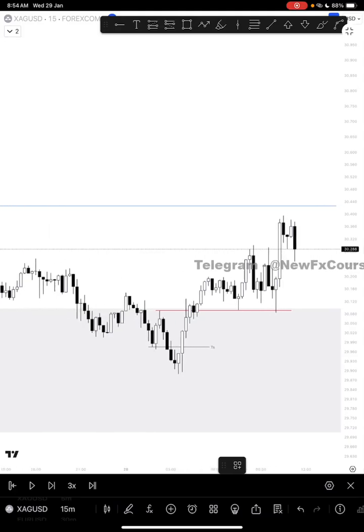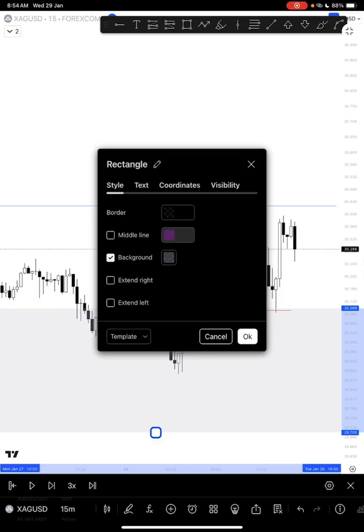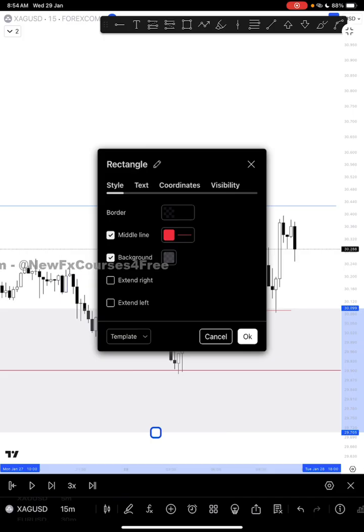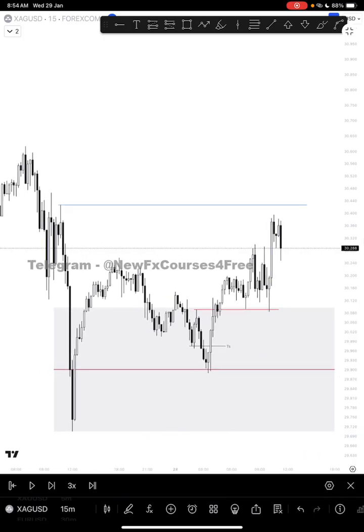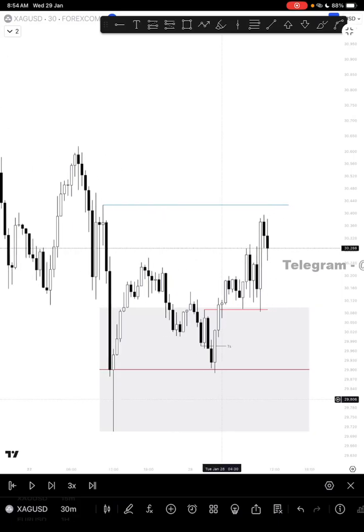So let me show you how the market reacted from the midpoint of this rejection block beautifully on the lower time frame here. So you can see how the market reacted on the midpoint of this rejection block.